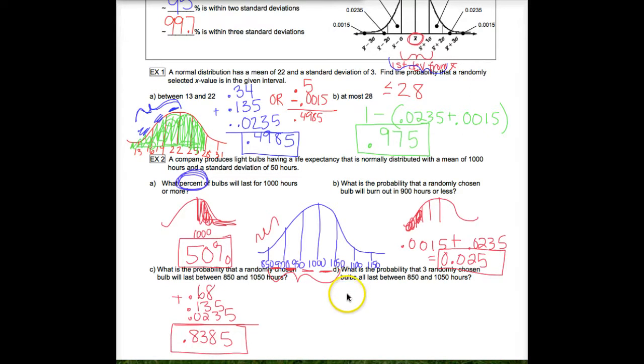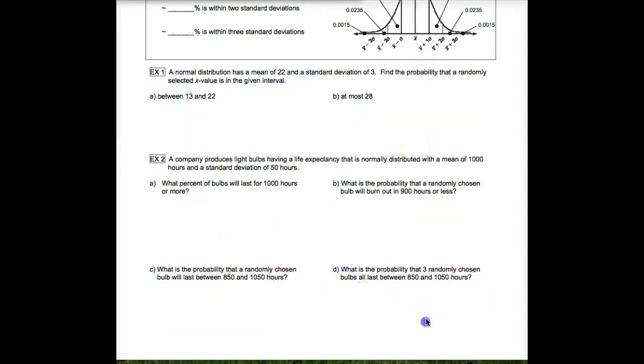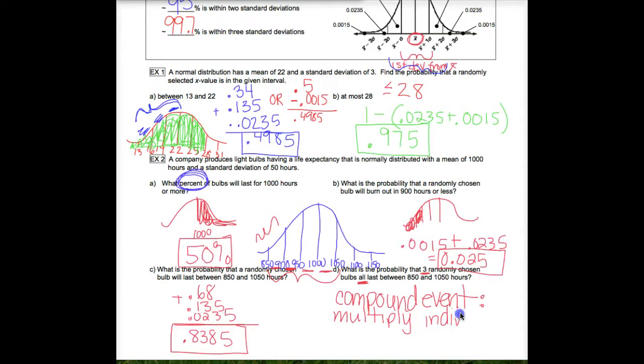It's not just one light bulb, it's 3, and we're asking that all of them last between that much. Whenever you have a compound event, you are going to multiply the individual probabilities together.